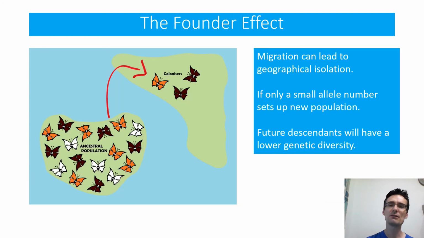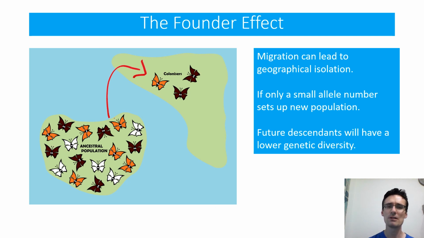Then there's something called the founder effect, which is really the bottleneck effect, just a different method of it happening. Instead of the population dropping and going small, it could be due to migration and geographical isolation. Here you've got an example of an ancestor population of butterflies, and just a few of them have made it onto this new island.